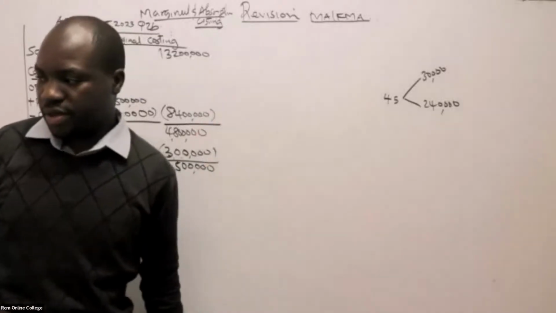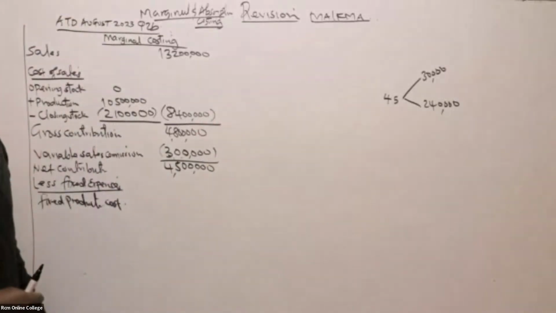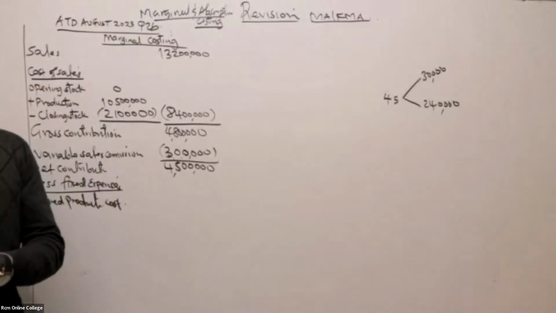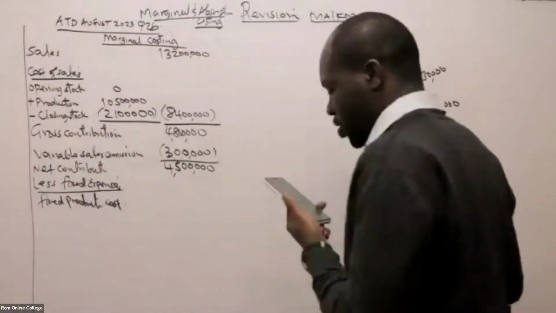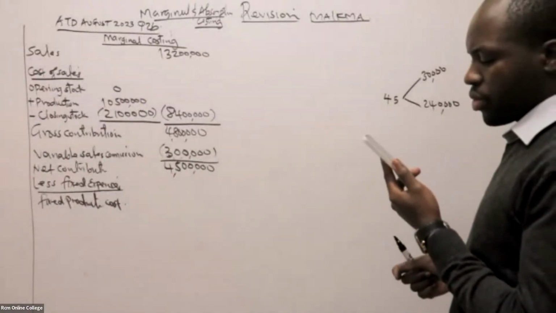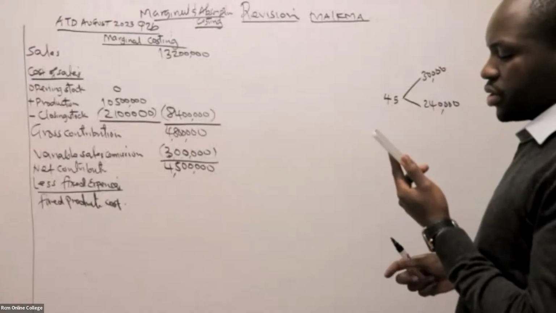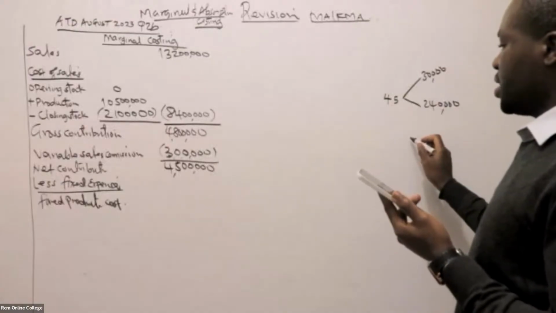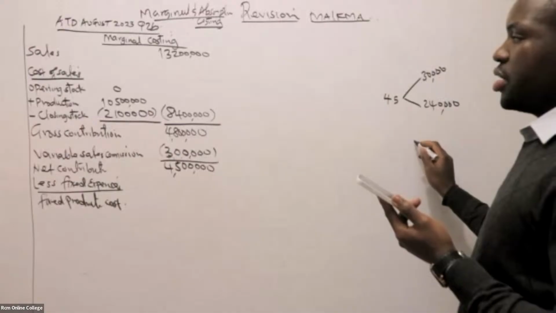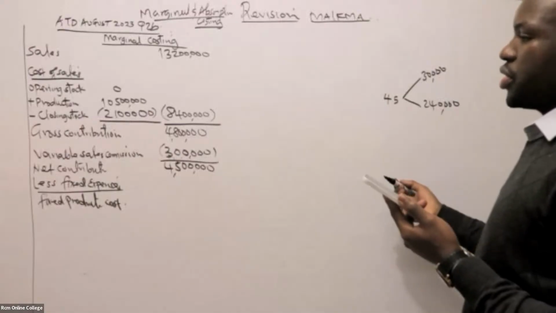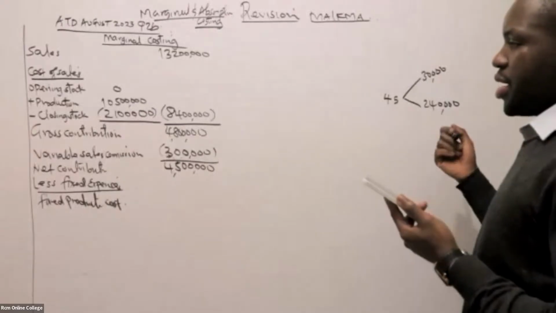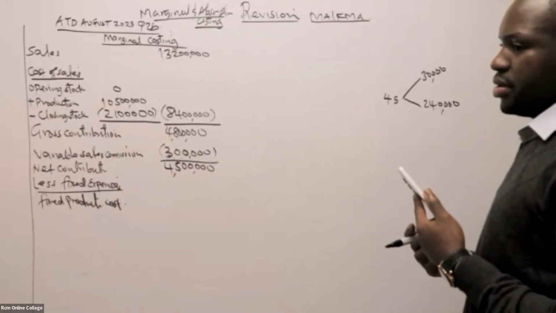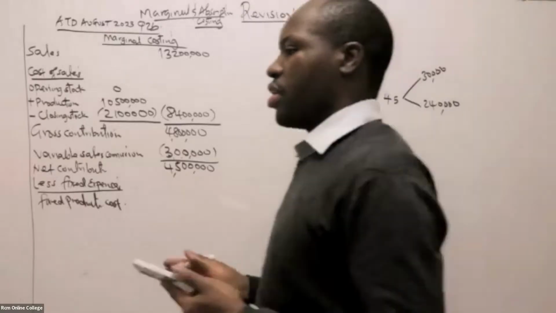It is written off as an expense in the income statement. So what is the fixed production cost? It was 90 shillings per unit multiplied by the units produced. So 90 by 30,000 will give us 2,700,000.